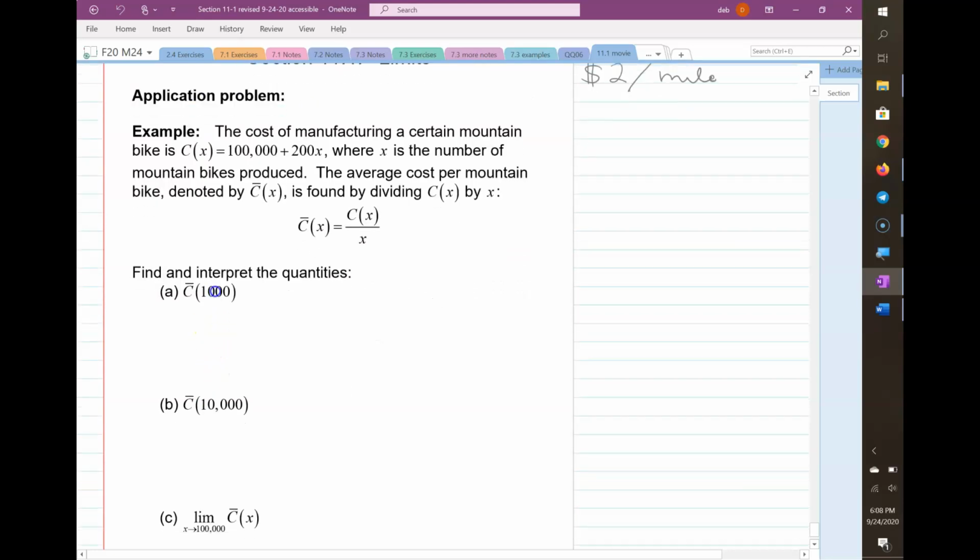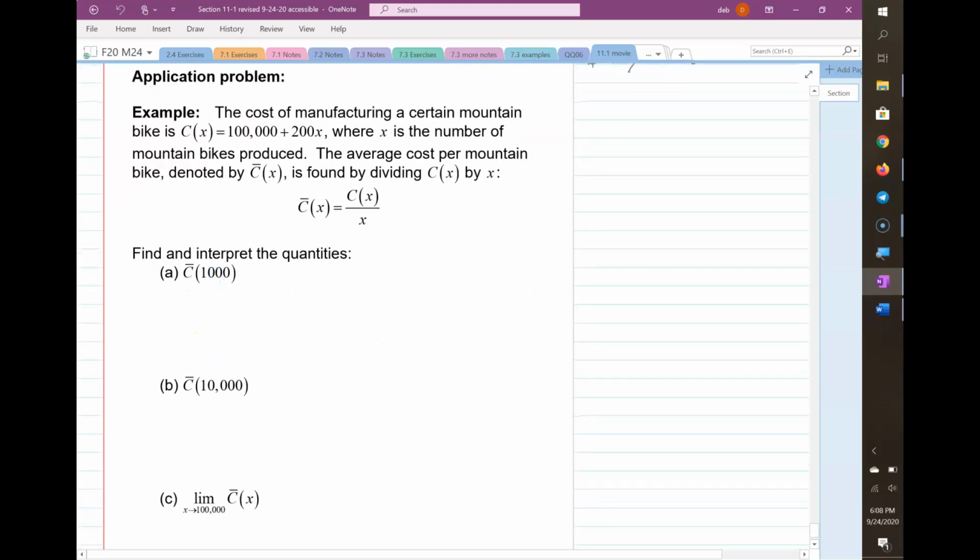Okay, so we have another similar problem, which asks slightly different questions. The cost of manufacturing a certain mountain bike is given by this formula. Remember, if we do C of 0, that will get the fixed cost.